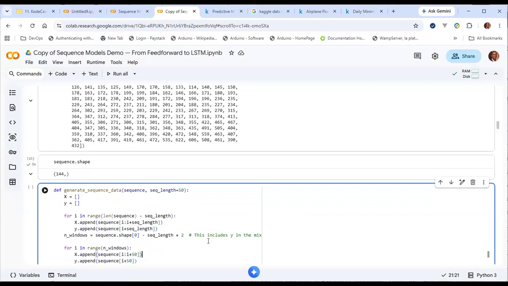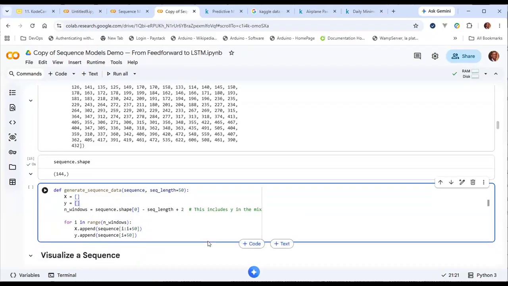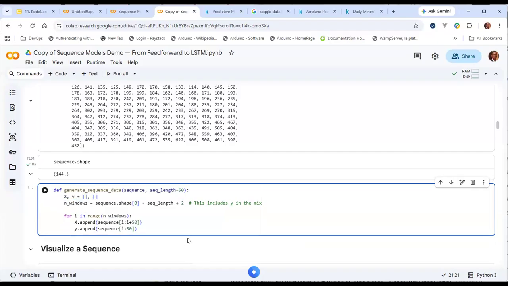The number of windows is sequence.shape[0].